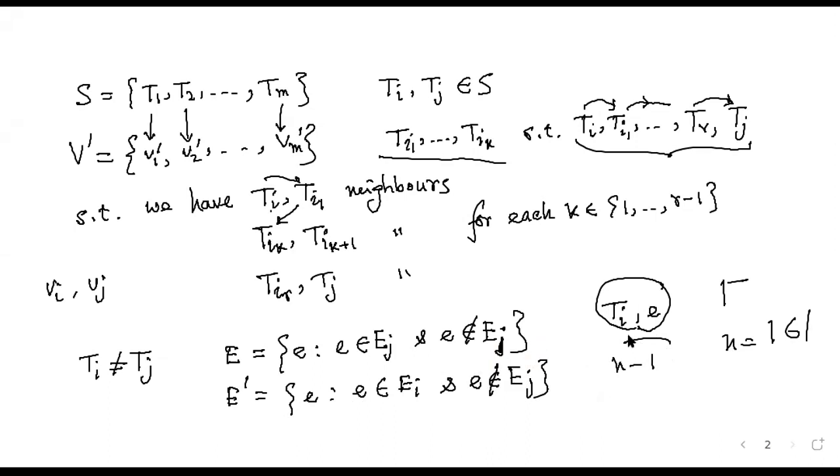For instance, say we want to remove an edge. So we have a cycle. Let C denote the cycle.